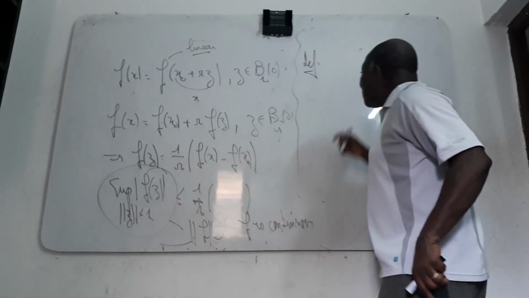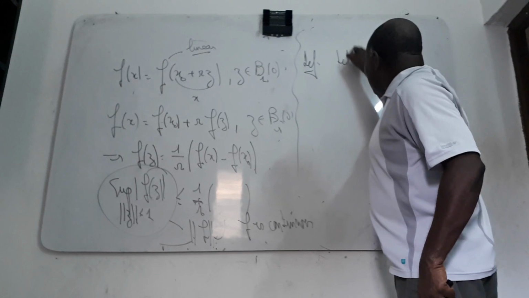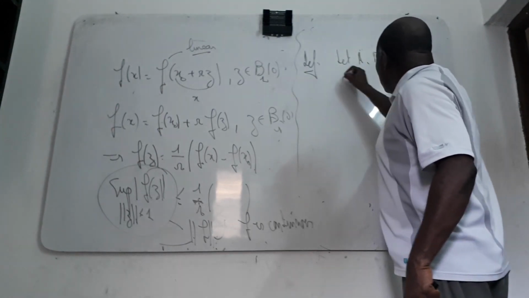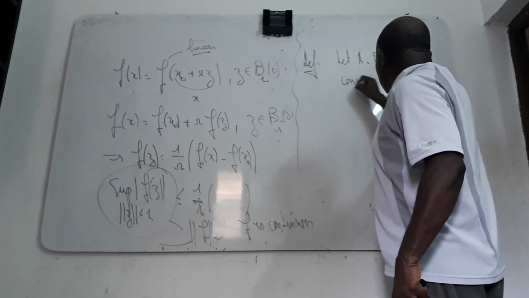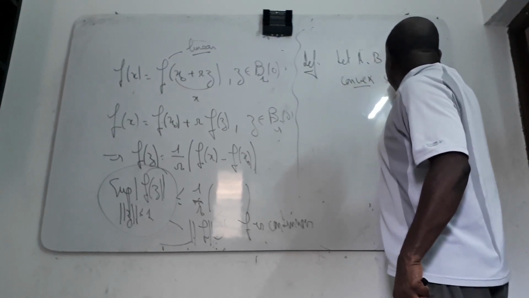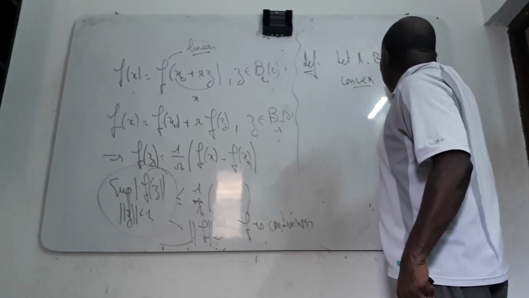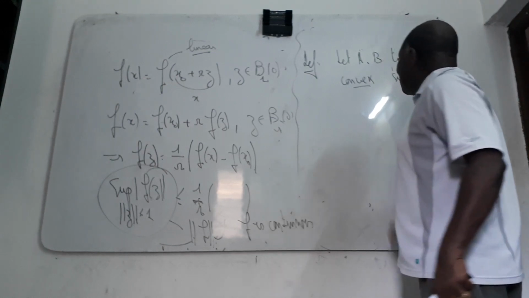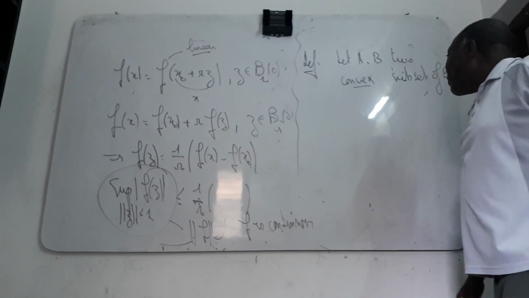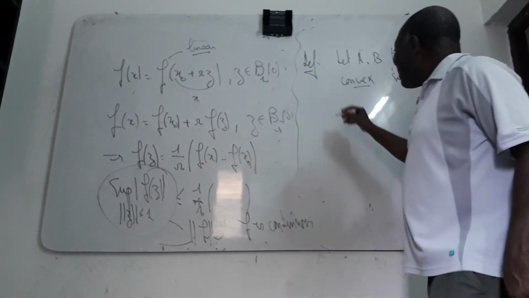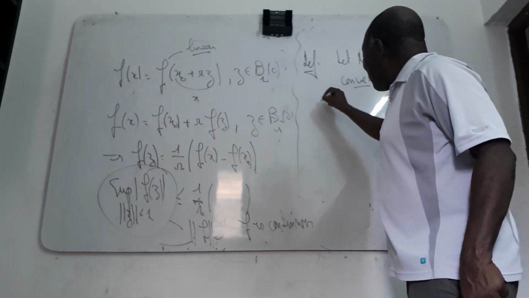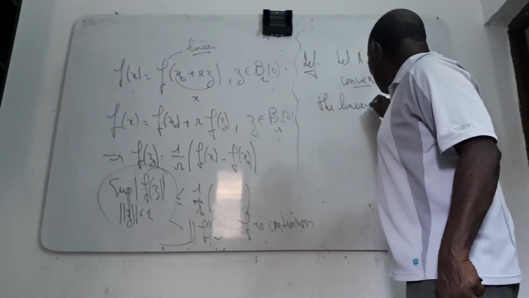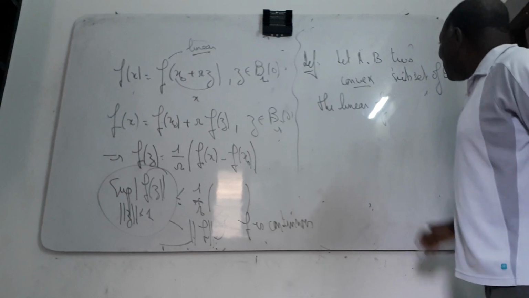We suppose that A and B are two convex subsets of E. We say that the linear map separates them.